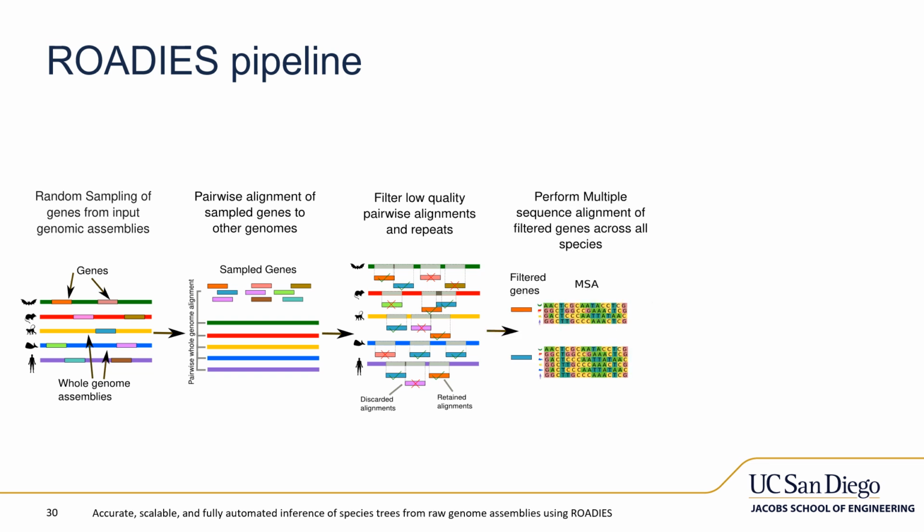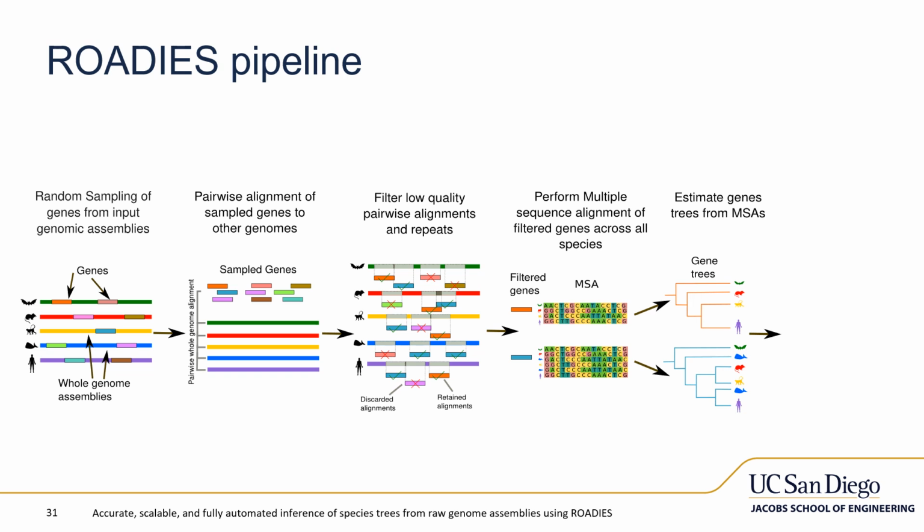Then, we align the homologous matches of each of the genes individually using this multiple sequence alignment tool called PASTA. Once we get this multiple sequence alignment for each of the genes, we then estimate the gene trees of each of them using this gene tree estimation tool RAxML-NG.